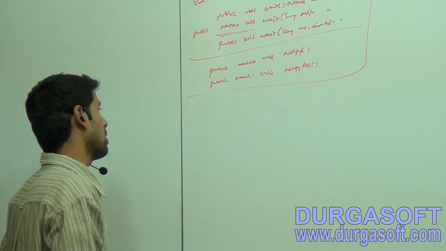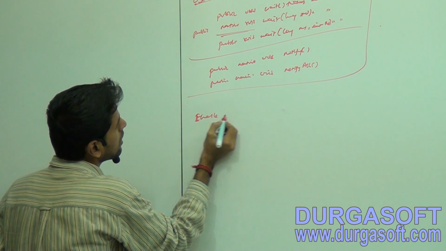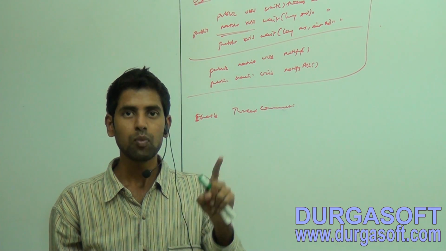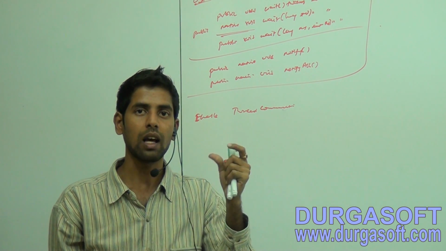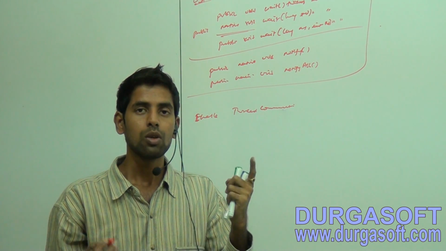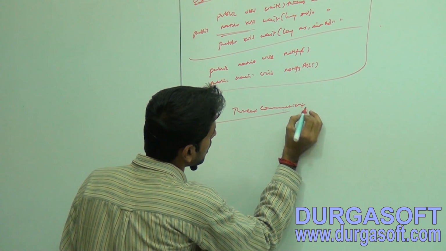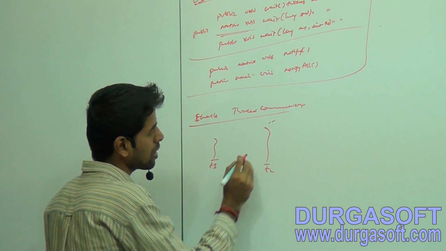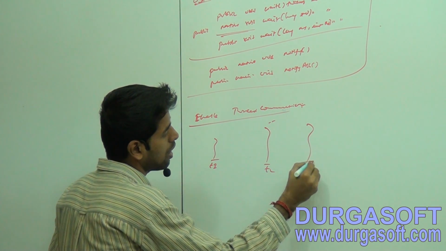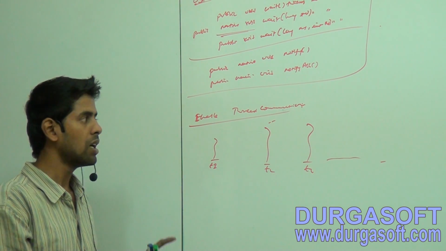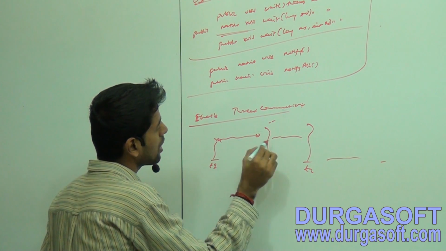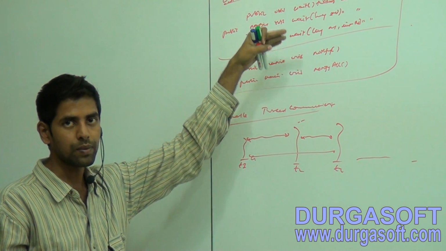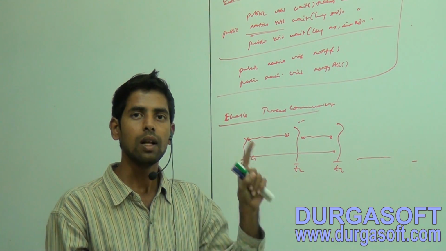Simple thing: if you want to enable thread communication, that is, if there is more than one thread in our application, like T1, T2, T3, so many threads are available, and you want to enable communication between each and every thread, we have to go for these methods.